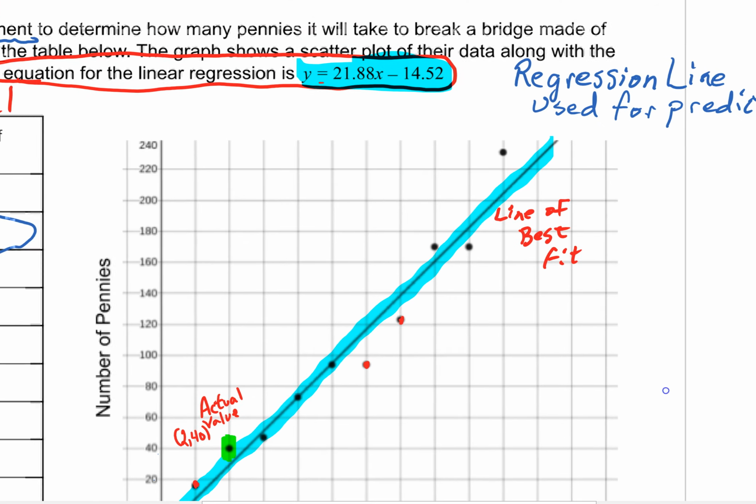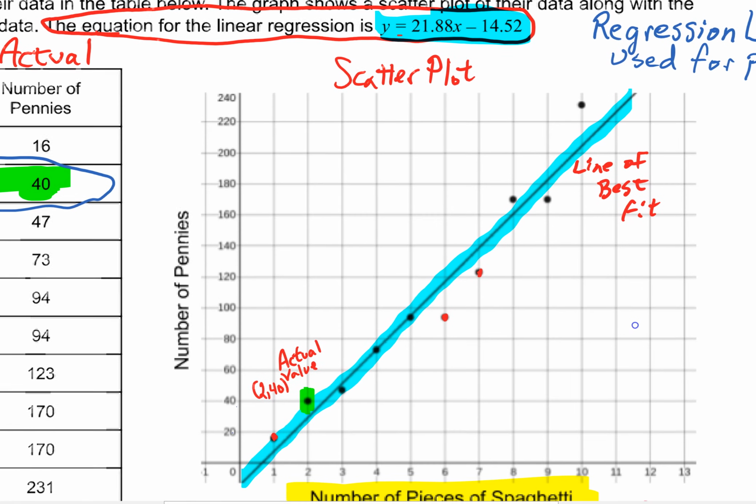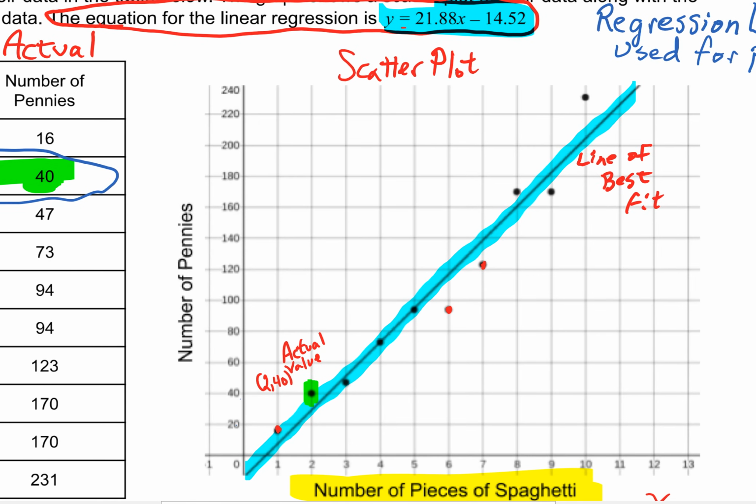So really, what you're seeing right here is a scatter plot. The scatter plot is just the plotting of those points. And then from the scatter plot, where we've got actual data points, actual values, we come up with a line of best fit.